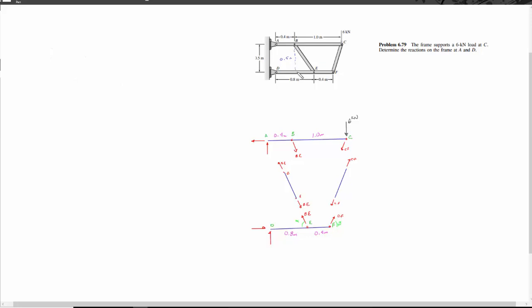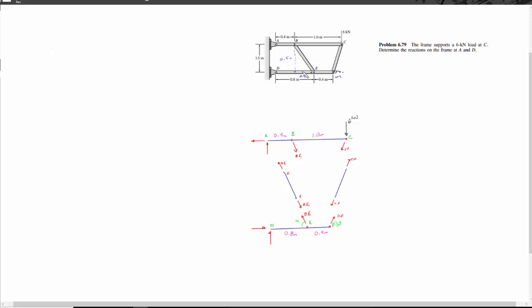Well, if this is 0.4 to here, and this is 0.4 to here, so 0.4 plus 0.4 is 0.8, so this whole thing is 1.2. So this would also be 0.4 from here to here. This dimension from here to here is going to be 0.2, 1.4 minus 1.2.